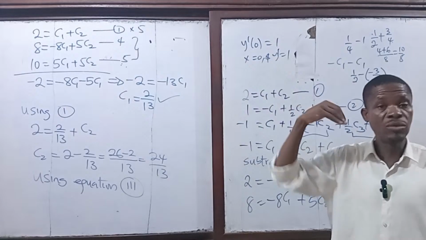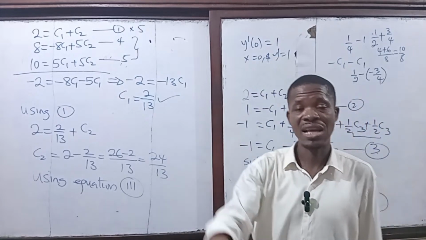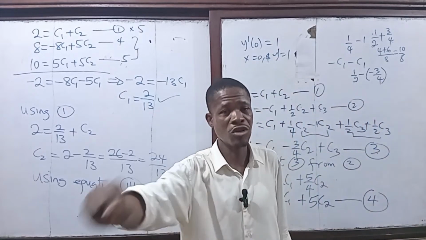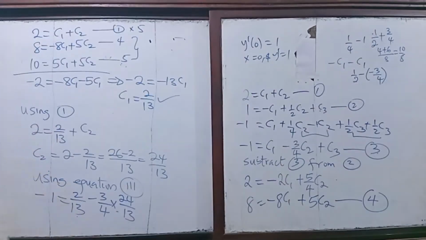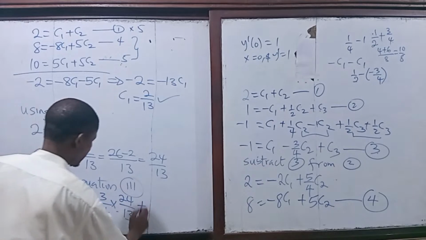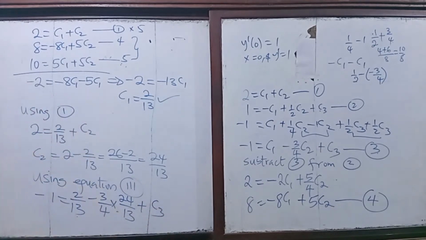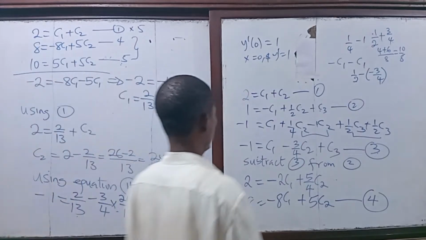I want you to sit down and begin to follow with your writing material. 3 over 4, and then plus C3. So we're going to make C3 the subject.